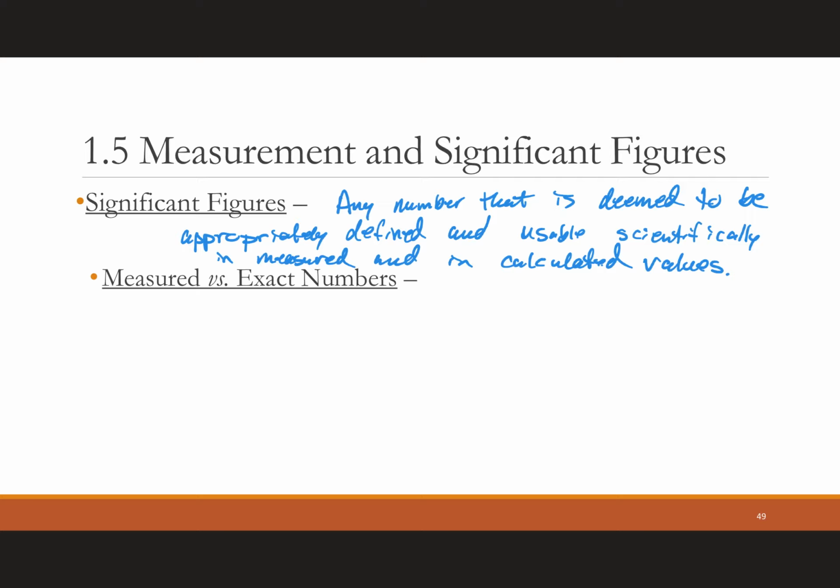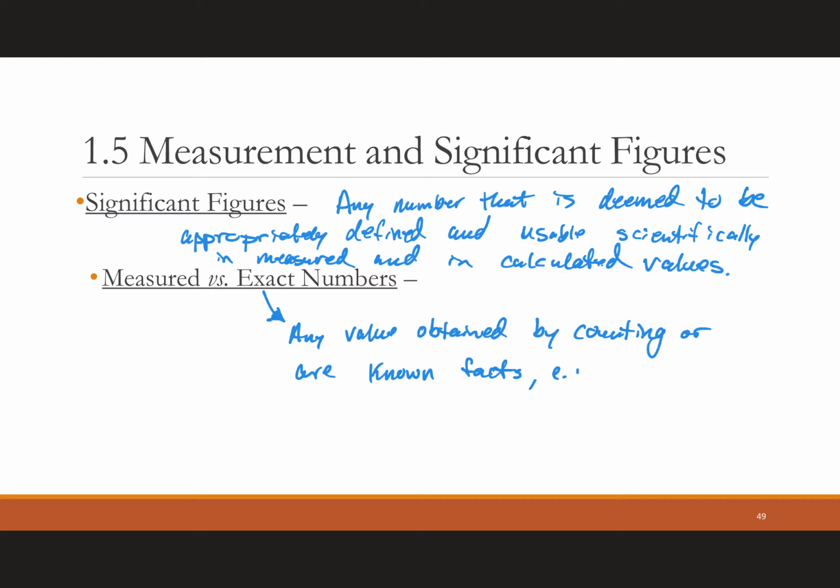Exact numbers, on the other hand, are things that are counted, or are known facts, such as there's 12 inches in 1 foot.